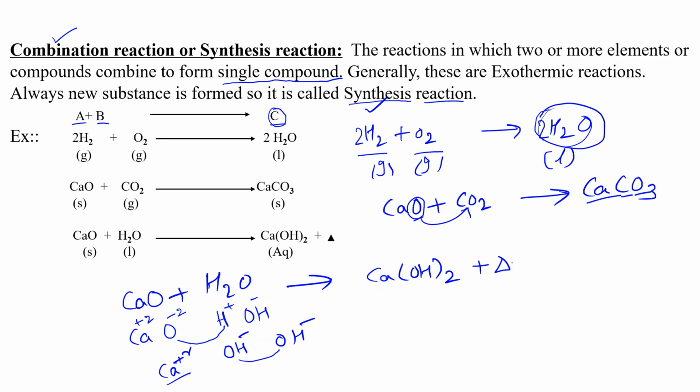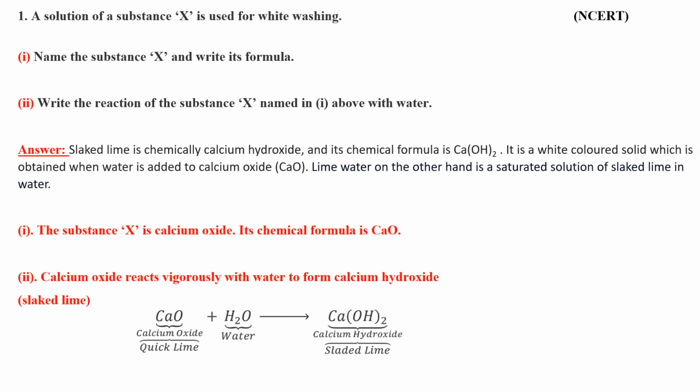Let's solve some questions based on your NCERT and exemplar questions. Whenever you see questions, you will see the heading NCERT questions or exemplar questions. Let's see that. A solution of a substance X is used for whitewashing. Name the substance X, write its formula, and write the reaction of the substance X named in 1 above with water.